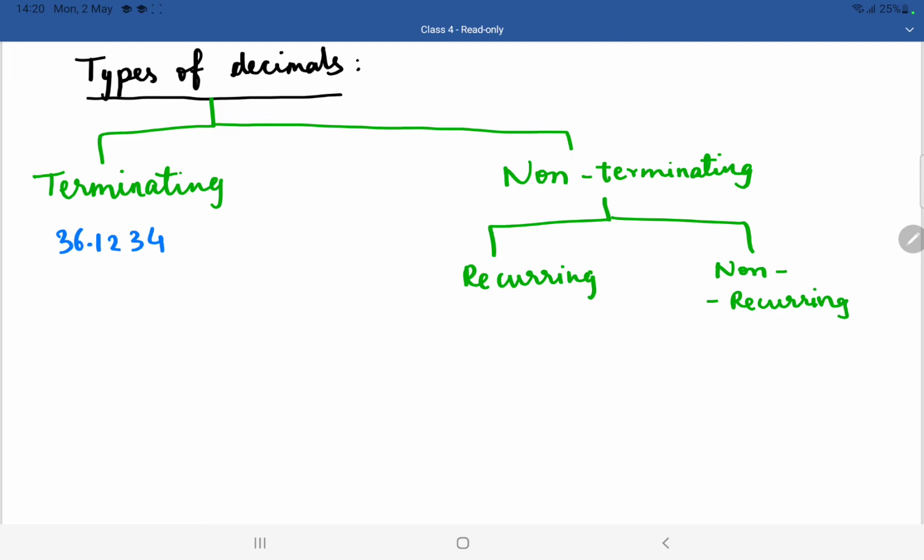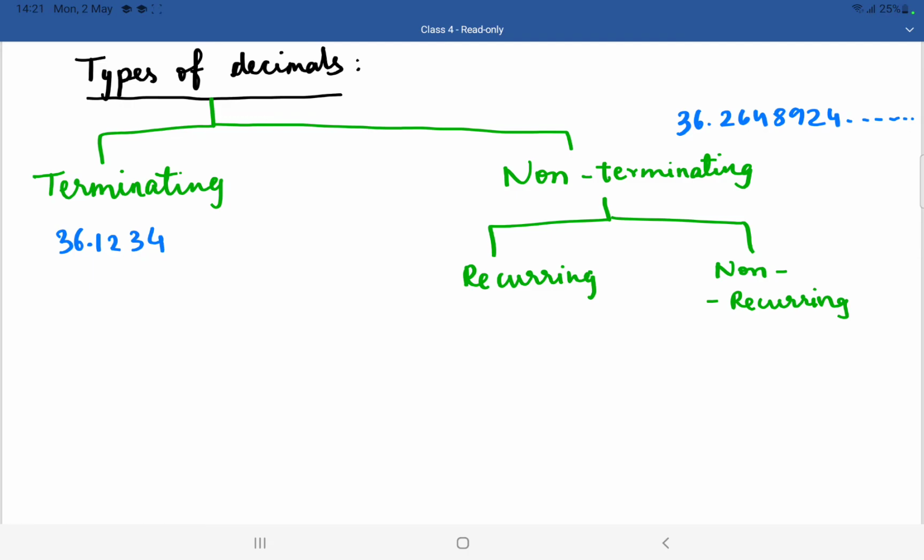I'll tell you the difference, but first let me tell you the examples.